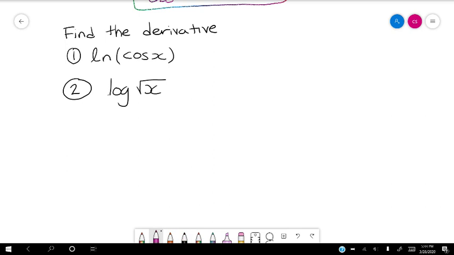A little reminder, natural log, we know the base is e, right? But if there's no base on a logarithm, what does that mean? An invisible base on a logarithm is base 10. All right, so keep that in mind when you're doing your solutions.